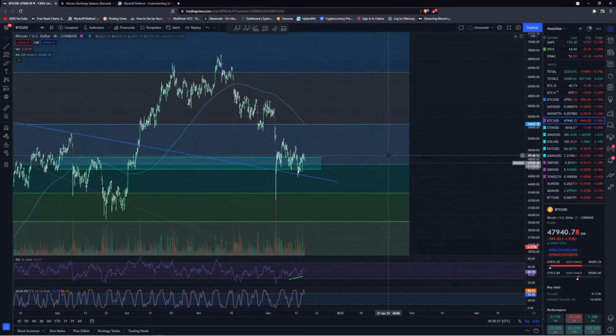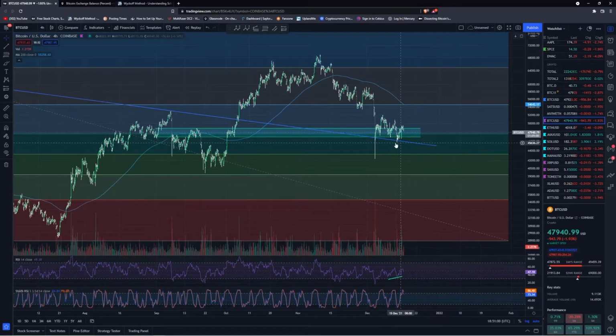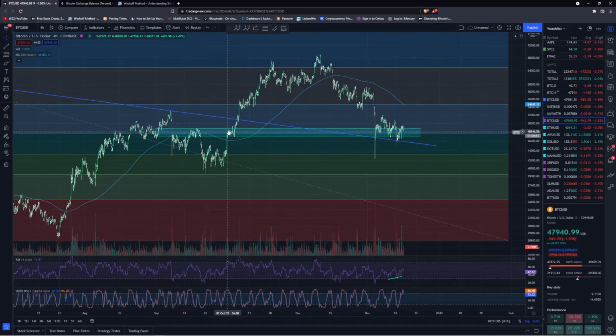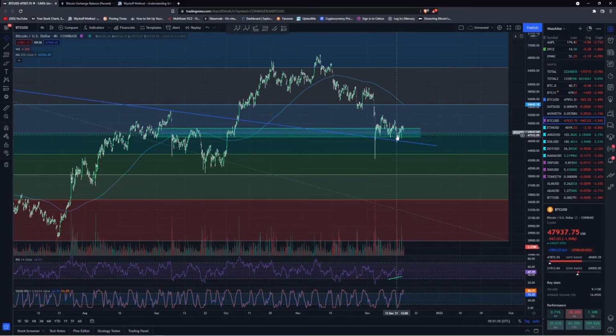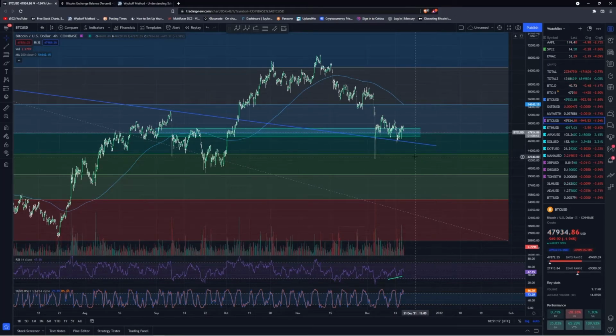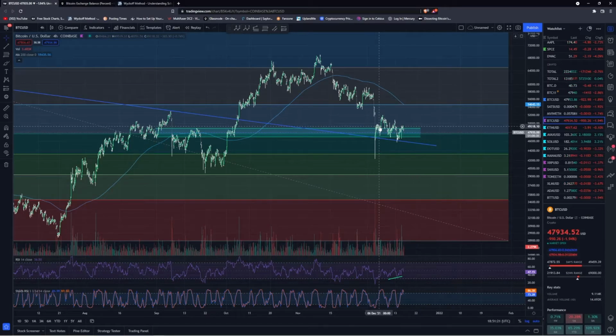Again, maintaining the 618 Fibonacci retracement level, as well as this nice demand zone here that we used before in September and October. Okay, and so we want to hold that as well, and so we kind of have confluence from multiple support areas that we want to hold this level here.